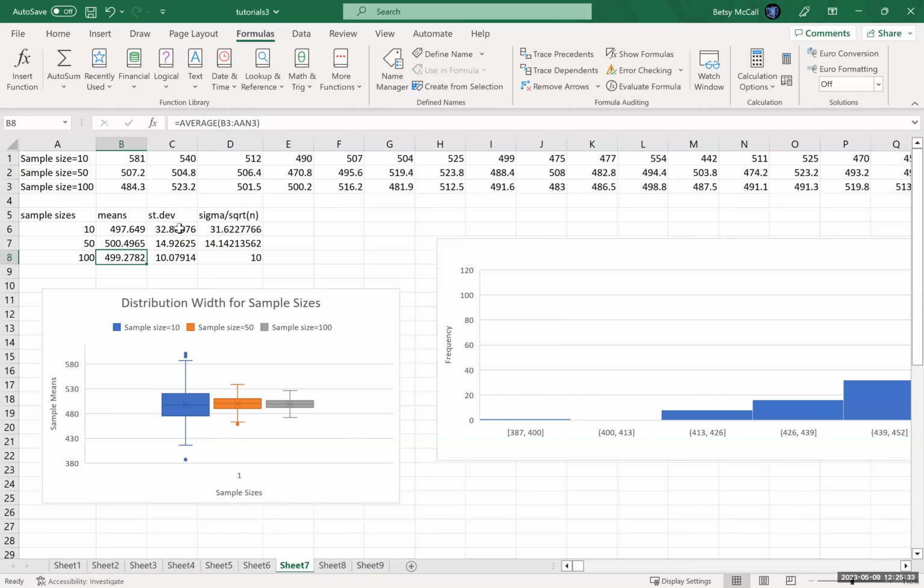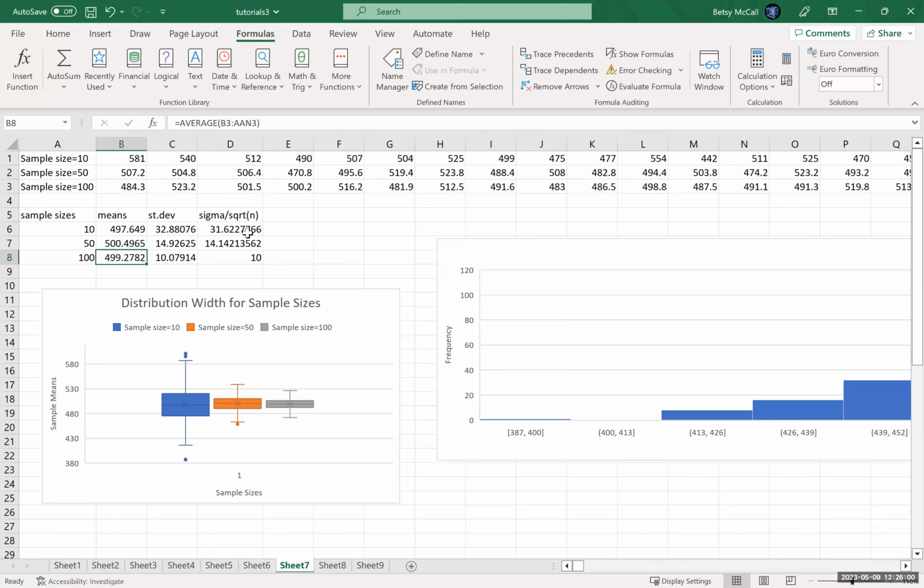Again, I'm getting 32 for the sample size 10, about 14 for the sample size 50, and about 10 for the sample size 100. And for each of these, I then calculated, as I did in the previous page, the expectation from the central limit theorem that this should be about sigma over the square root of n. And that's what we have here.